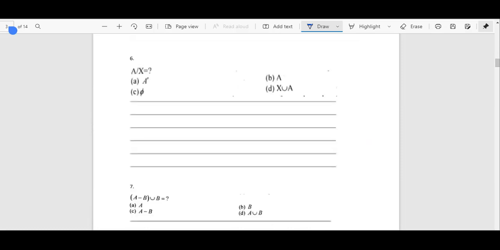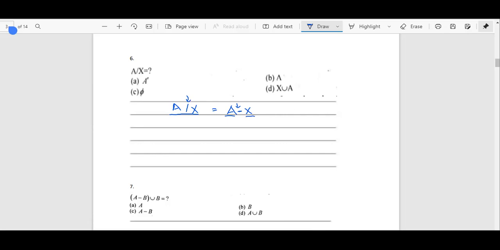Let's talk about the sixth question now. Okay, now we have A dash X. All right, now think of it as A minus X, right? Okay, so this is basically the notation which they have asked, but you can always think of this dash as minus, right? Now we know that A is a set and X is the big set, X is the universal set, right?